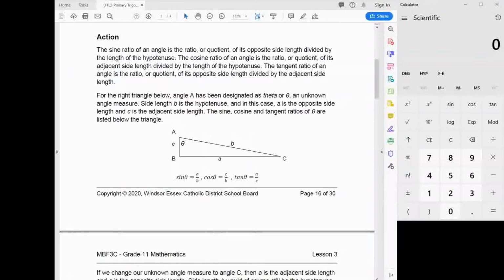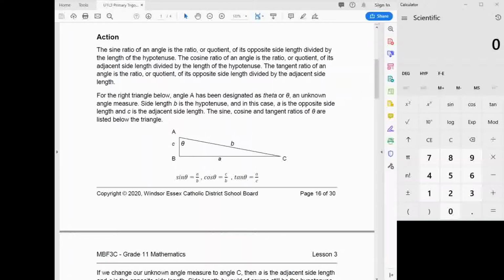I've labeled one of the angles with a Greek letter theta, and that's angle A. That is our reference angle for determining our trigonometric ratios. Now the sine ratio is the opposite over the hypotenuse. The cosine ratio is the adjacent over the hypotenuse, and the tangent ratio is the opposite over the adjacent.